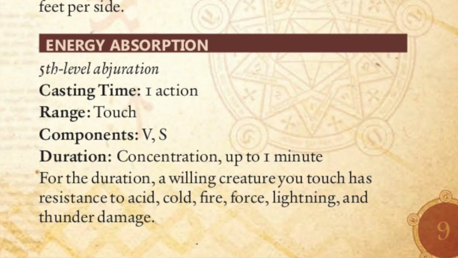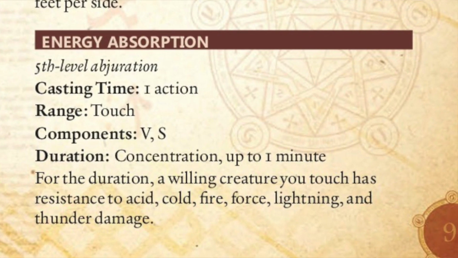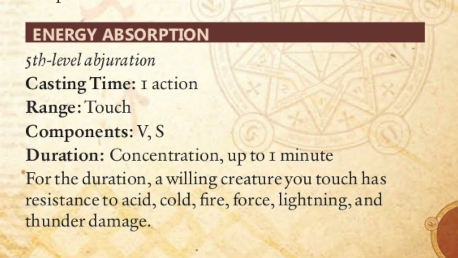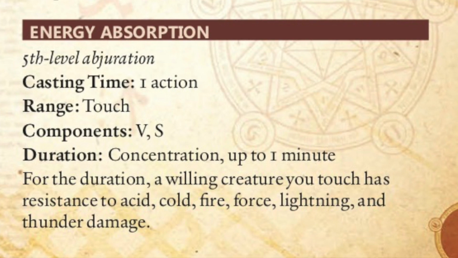So now, getting into the spells, I think we said there's 15 different spells. And they're very thematic and cool. There's one thing that I found was a little weird. Energy Absorption, 5th level. It says, for the duration, which is concentration up to a minute, a willing creature you touch has resistance to acid, cold, fire, force, lightning, and thunder damage.